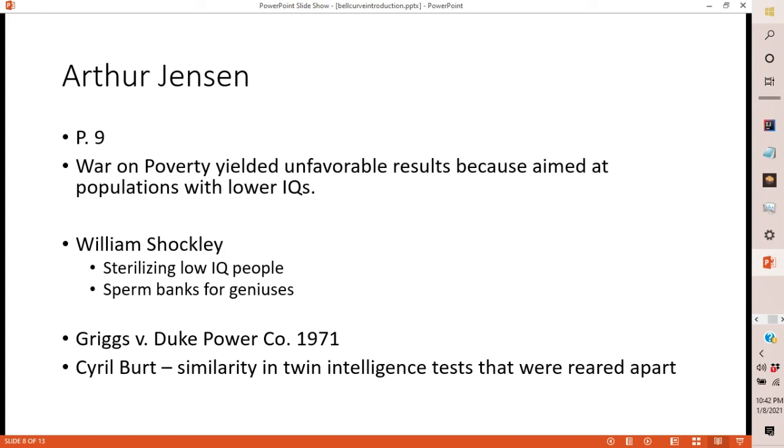And then at another point, it was being attacked. And people were saying that it didn't really measure much. It's not accurate. They're biased. It's racist. These tests.